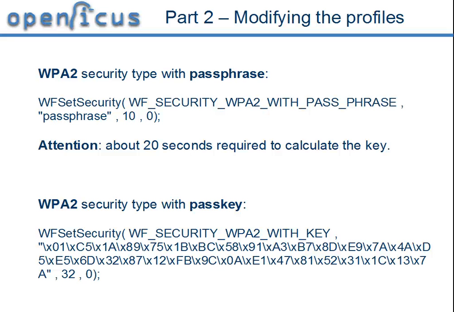If we use the passphrase, the Flyport has to calculate the WPA2 key, and it will take about 20 seconds to connect. If we want to use the key directly, we have to specify wf security WPA2 with key, and put the key inside the second field. We put the length, and also in this case the WEP index has no sense, so we leave 0.